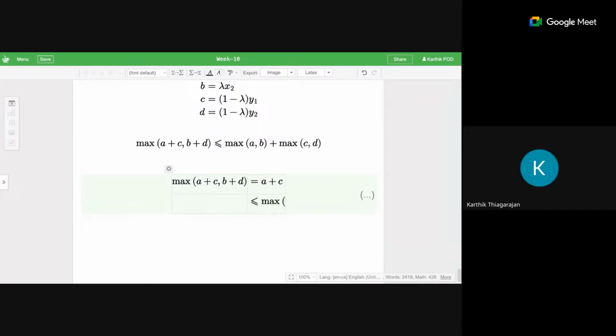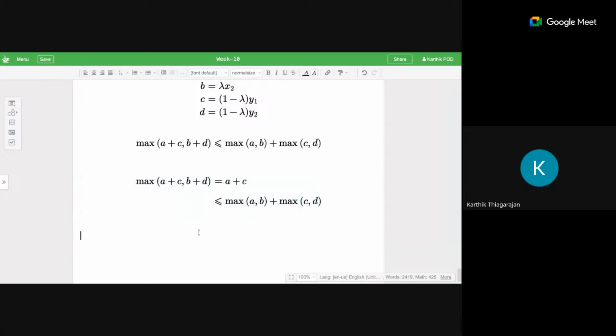I can replace A by something bigger than or equal to A. So I can replace A by the maximum of A and B, and I can replace C by the maximum of C and D. Correct? Do you agree with this argument?